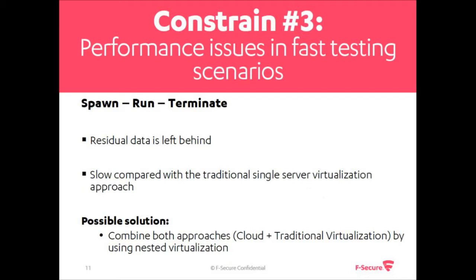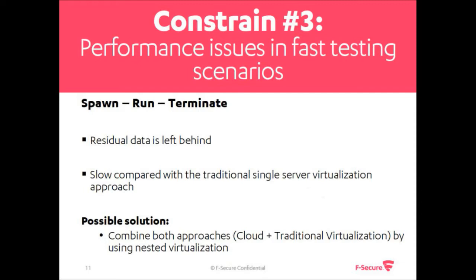It's really, really crappy. Why? Because there's a bunch of residual data left behind. As I mentioned, OpenStack uses Rabbit or Qpid, and uses MySQL or Postgres. There's a lot of residual data left behind. You can use it, but the performance is really bad.